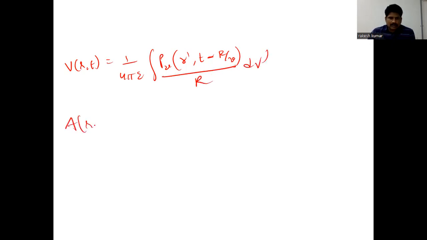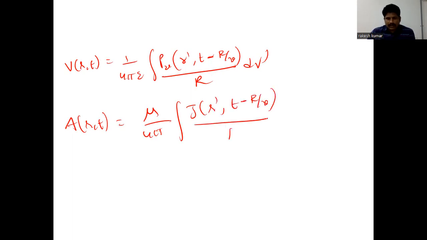Similarly, A of r comma t is equal to mu by 4 pi into integration of J of r dash comma t minus r by v, by r, into dv dash. So this is the t minus retarded time. The potential is getting delayed by r by v, so that is nothing but retarded potential.